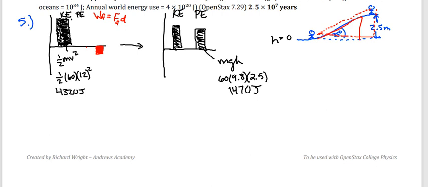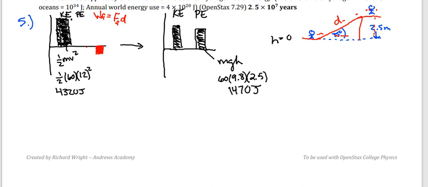The height of the triangle is that 2.5, and I can find the displacement, which would be the length of the hill as the skier goes up to the top.